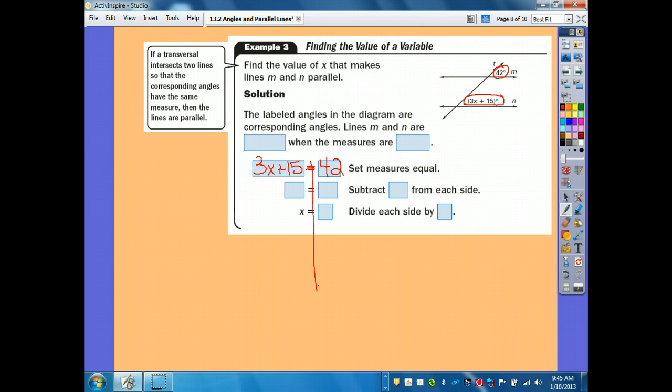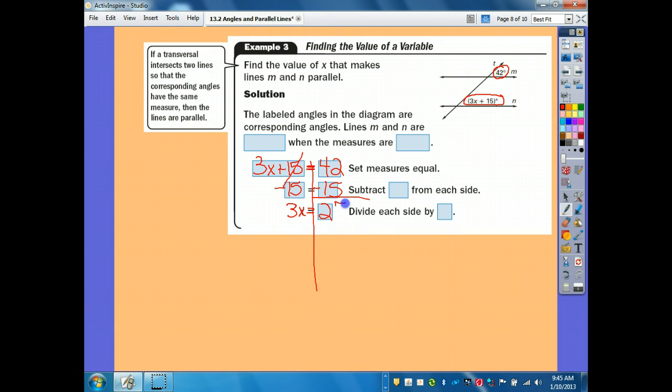So let's see. What do I need to do first to solve this equation? Subtract 15 from both sides. Now I have 3x equals what? Come on, what do I have? 42 minus 15 is? 27. Thank you.